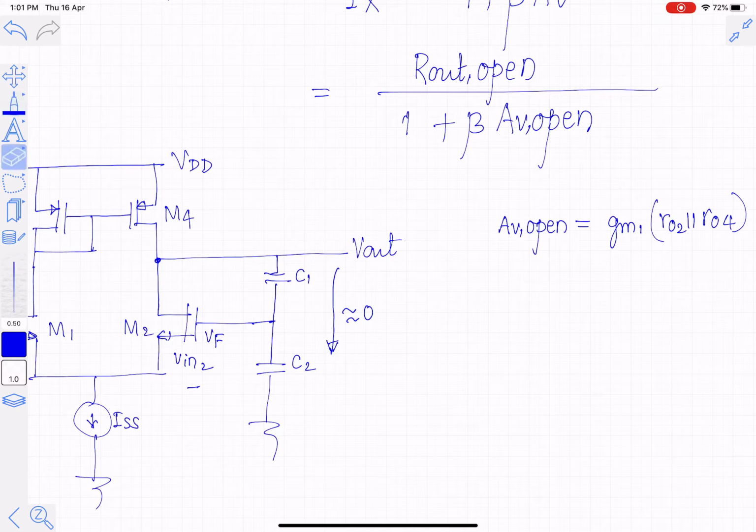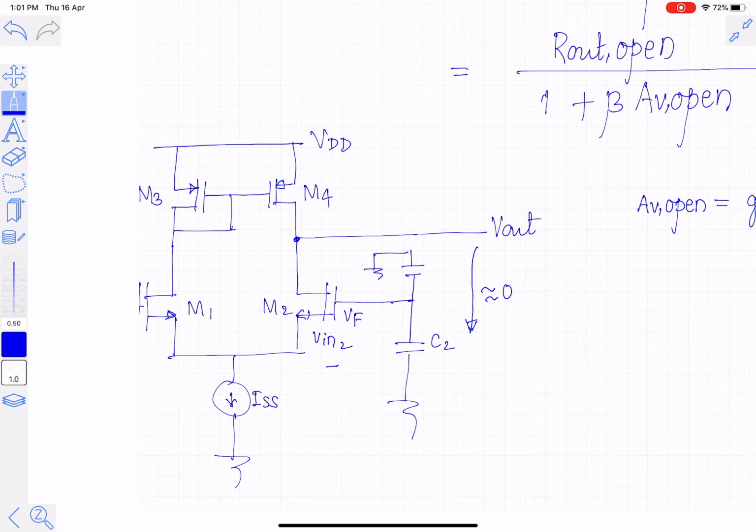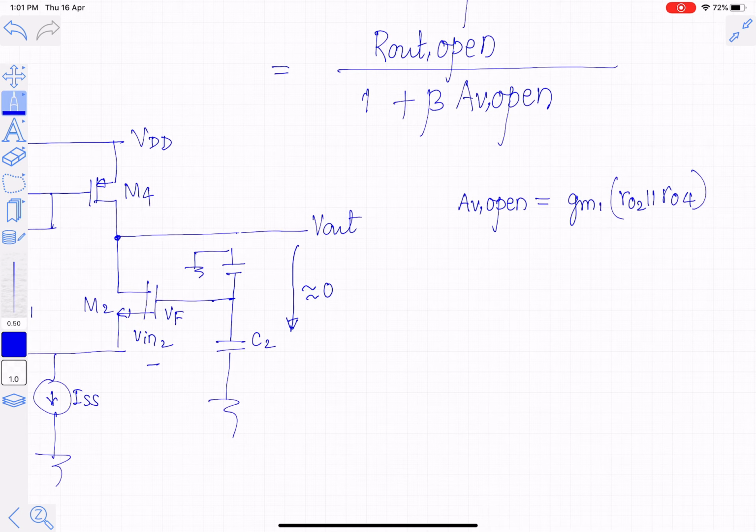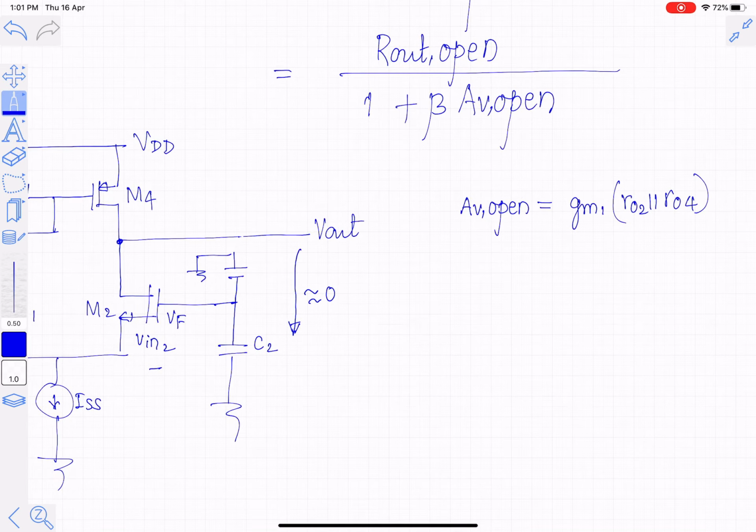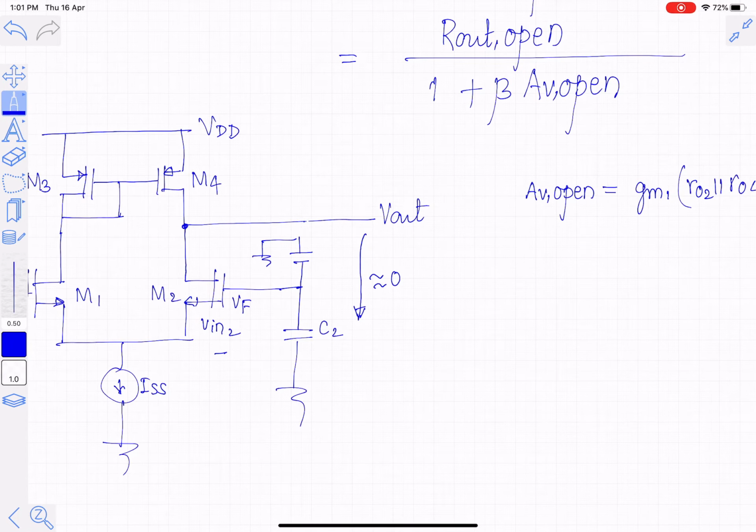In order to find the open loop gain, the feedback has to be broken. So we have connected this point to ground, so Vf is equal to 0 and the gain of the amplifier is GM1 RO2 parallel RO4. It is positive because input is applied on the non-inverting side.